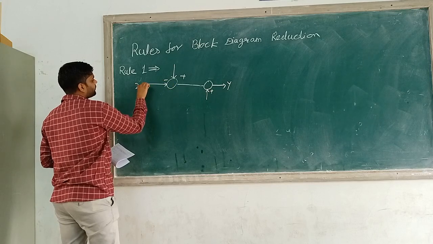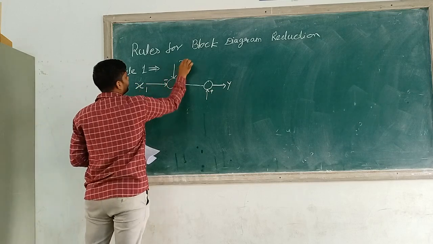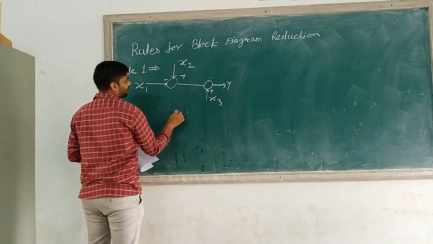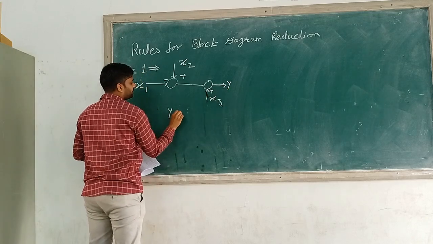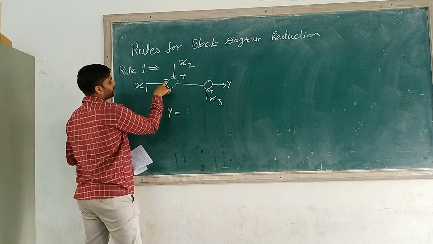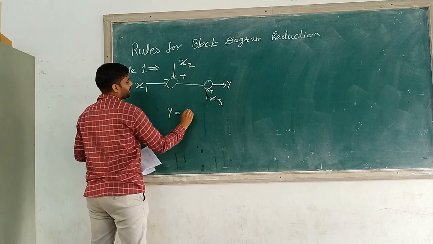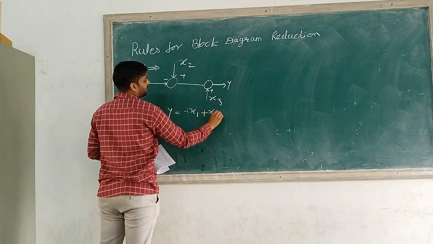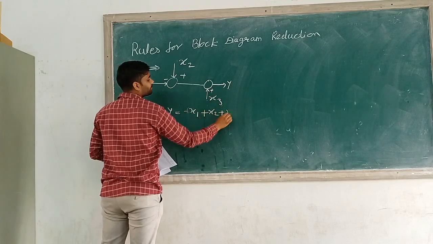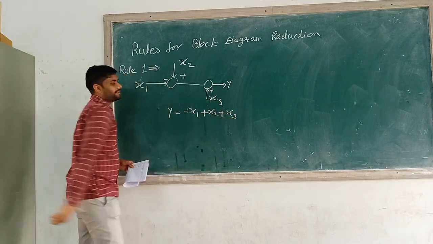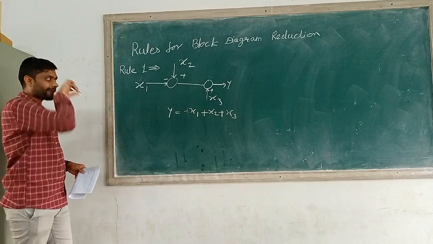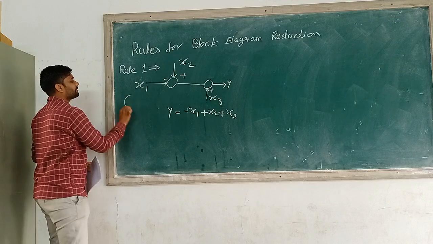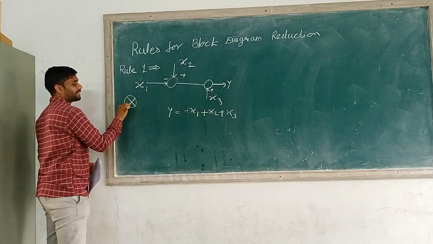Let this be x1, this will be x2, and this input is x3. So at that time, the output y is equal to minus x1, plus x2, plus x3. Okay. So whatever sign they have on the summing point, sometimes this summing point can be represented like this.